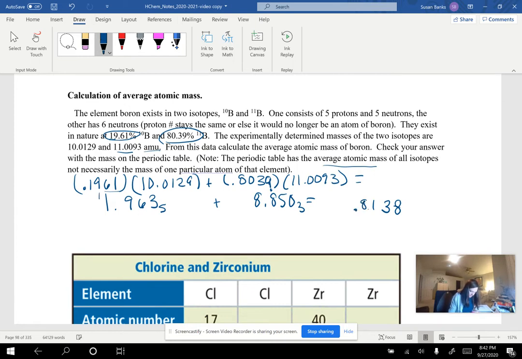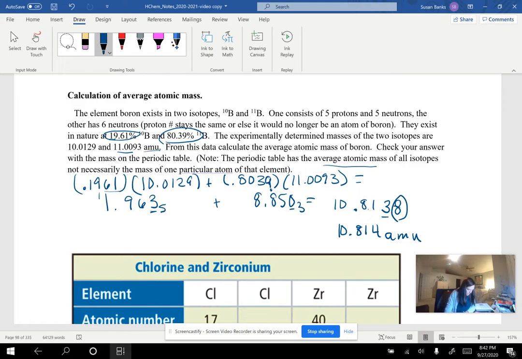And then we're going to carry that one. 8 plus 2 will give me 10. Now remember, I only had 4 sig figs here. Since we're adding, this is to the thousandth, so I need to round at the thousandth. That 8 tells me to round up. So 10.814 atomic mass units.